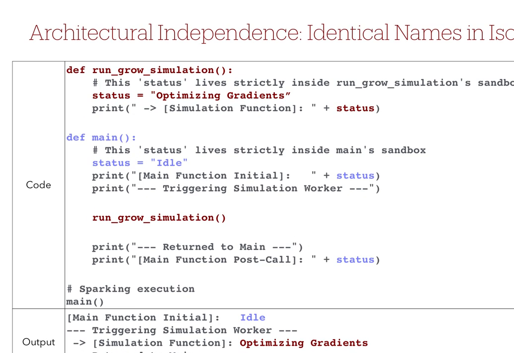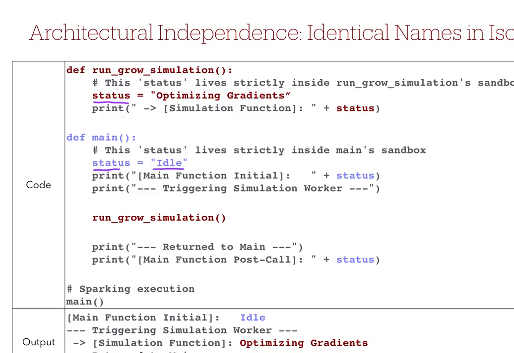In one function, you can have a variable, say, status, with some statement. In another function, you may have the same variable with a different value. Within this run grow simulation function, the status has the value of optimizing gradients. But within the main function, the status has the value of idle.